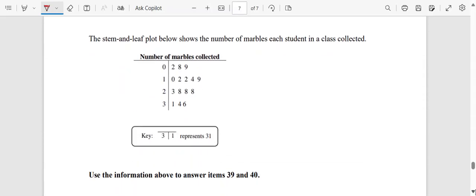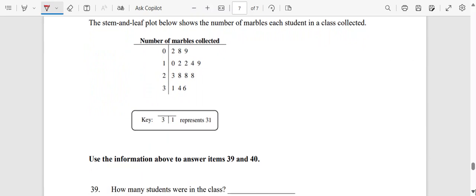Last question. The stem and leaf plot below shows the number of marbles each student in the class collected. So let's look. The key says 3 and 1, that's how they separated it, which is equal to 31. So let's go. We have here 2, so one student collected 2. Another collected 8.